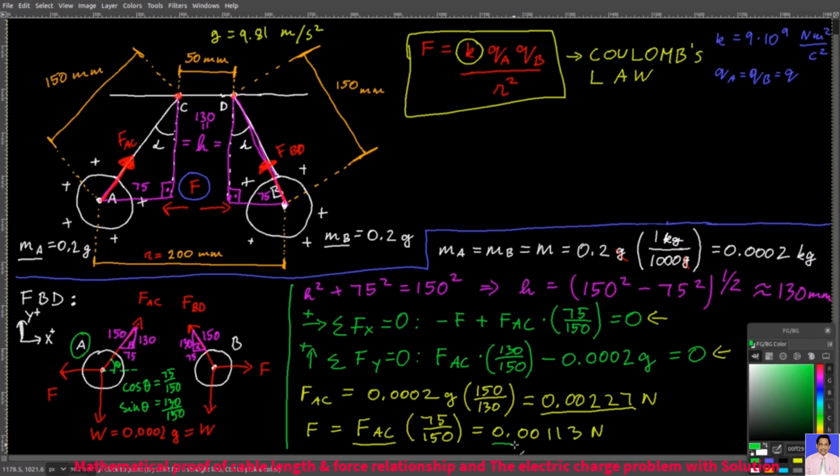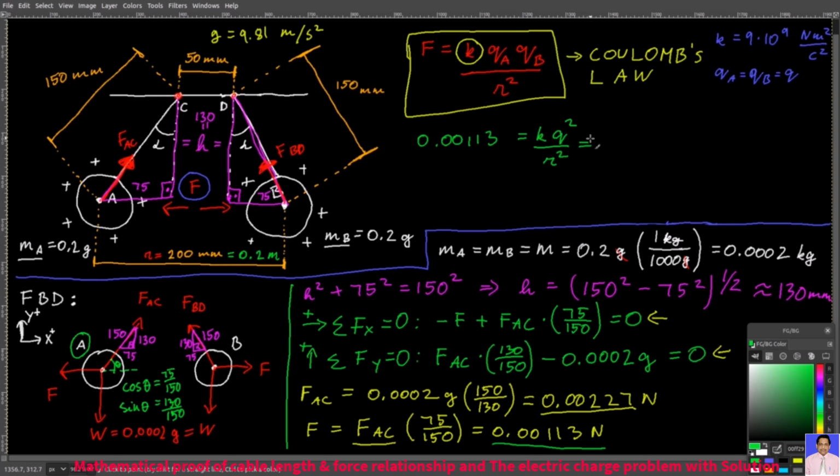And so now I take this result here and I replace it with this force here. And here I have K times Q squared over R squared. Now since this K value has meters here, it means that this R should also be replaced with meters. So it will be 0.2 meters.